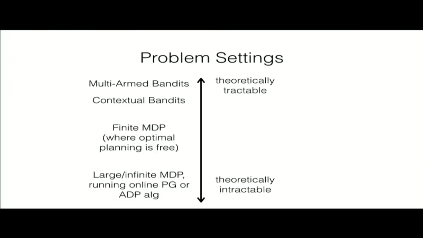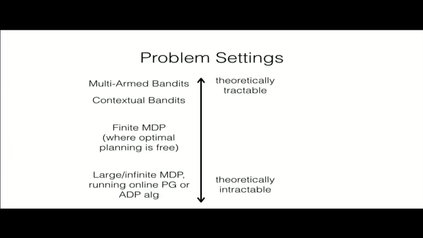So on the theoretical end, we have the multi-armed bandit problem, where there's a very nice theory that says what's optimal, and you prove lower and upper bounds, and you show that your algorithm is optimal. So that exists in the bandit setting.